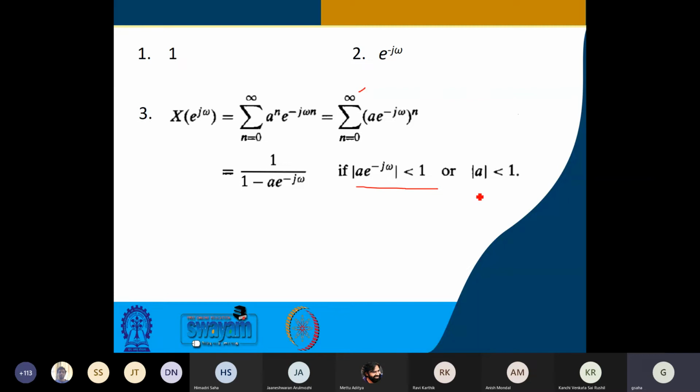But in an exam or in other places, always write the condition for which the closed form expression that you have got holds, that is, the convergence part of it. So that part you also mention.